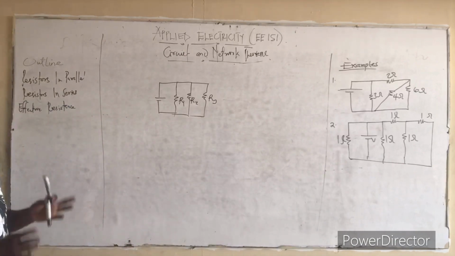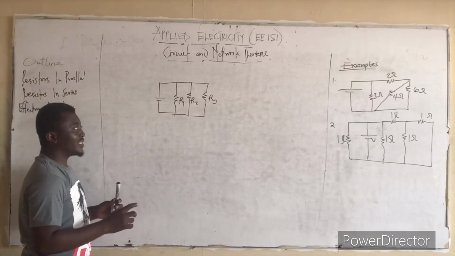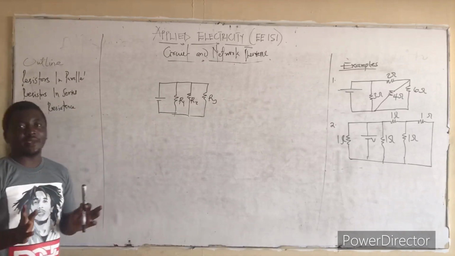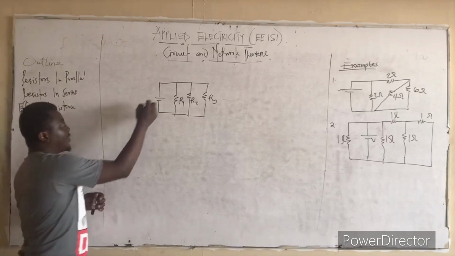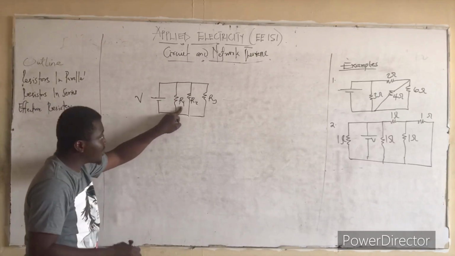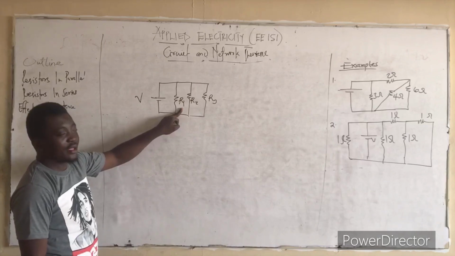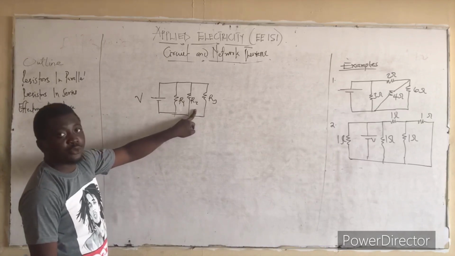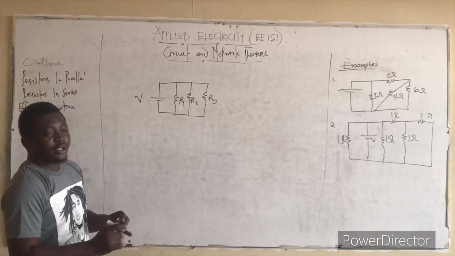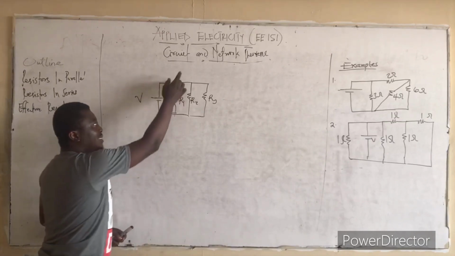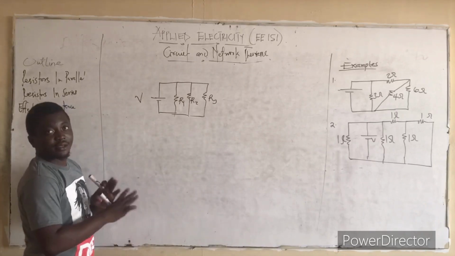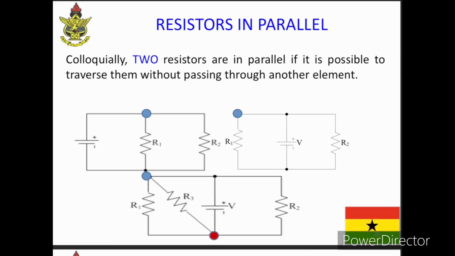Why am I saying that they are in parallel? For resistors to be in parallel, the voltage across them must be the same. So if this voltage here is V, it means the voltage across R1 is V. The voltage across R2 is also V. The voltage across R3 is also V. So the voltage across each component on the power side is the same.